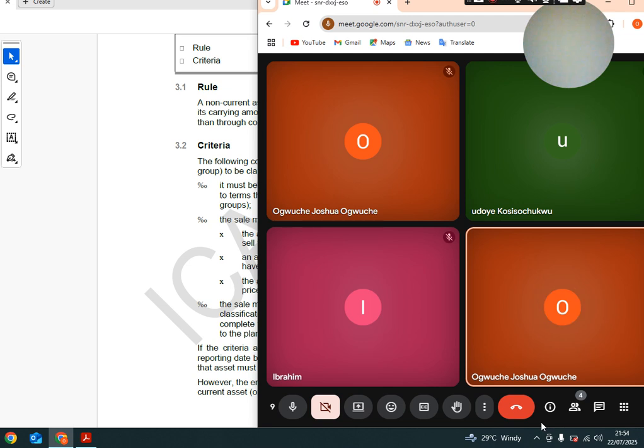Sometimes they may bring ratio analysis, but it is not common. But there is no way you go to the exam and you do not see group account, be it number one or from the 20 marks question. So tomorrow we will try to see if we can start group account, or maybe we'll do published account first before group account. Whichever one we pick tomorrow, we will start with it.